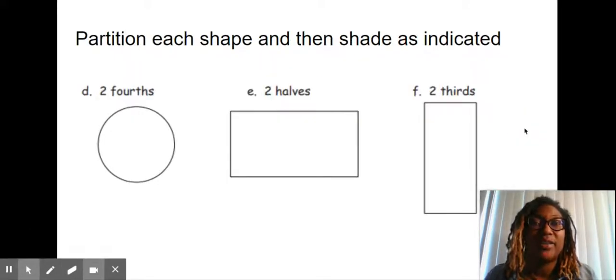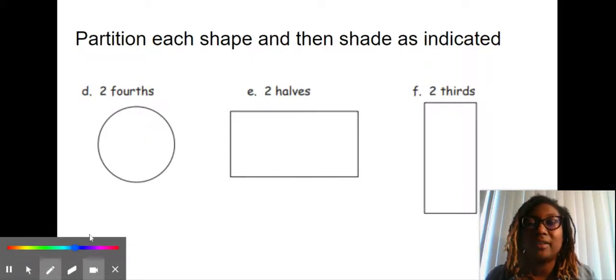Okay. So now it says I need to partition each shape, which means to put it in the correct equal shares, and then shade as indicated. So if this one is telling me that I'm going to need to shade in 2 fourths, then that means I need to split this into fourths.